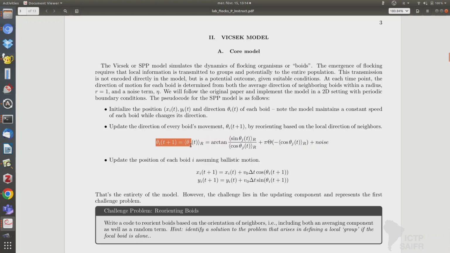So essentially, you take the average vector in the neighborhood here. This can be a little confusing. This is essentially because the domain of the arctangent is between minus pi half and pi half. And so whatever has direction in the negative x axis needs to have the angle shifted by pi. In practice, you will be using some functions in your programming languages that already do this for you, okay?